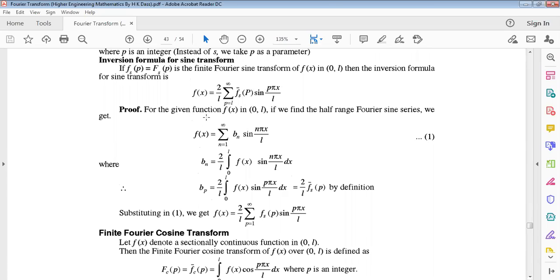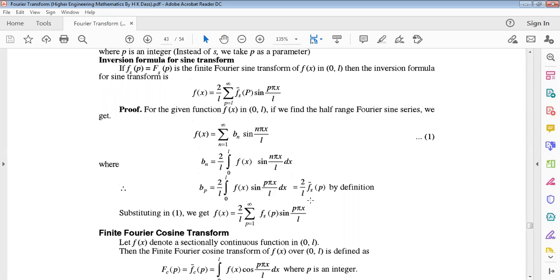For the given function f of x in 0 to L, if we find the half range Fourier sine series, from the Fourier series, Bn is the sine coefficient of sine n pi x by L, where Bn equals this. And in place of n, with p, we get 2 by L times the integral from 0 to L of f of x sine p pi x by L dx.